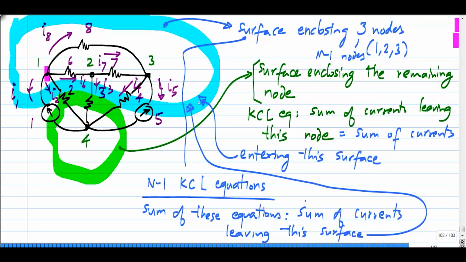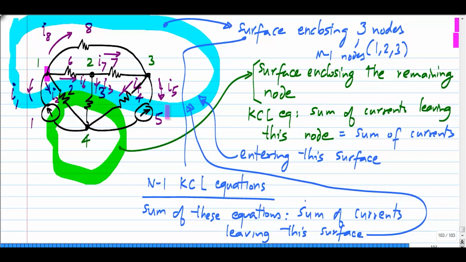That is because the n minus 1 KCL equations will have currents going between nodes inside the same surface. Those will get cancelled out, because when you write it for node 1, it will appear with one sign. When you write it for node 2, it will appear with another sign. So, when you sum all the equations, the only things that will be left are the actual currents going out of this surface.